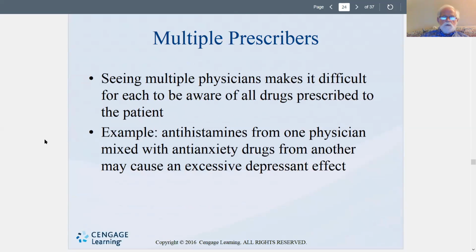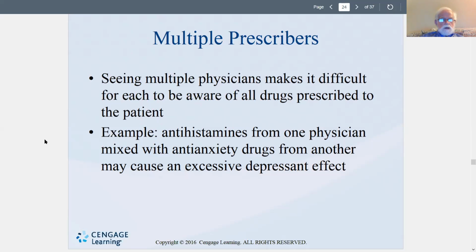One other problem is multiple prescribers. When you go to multiple physicians, it's imperative that you tell any physician you see every drug and supplement you take, so that they will have a better chance of giving you a drug that's safer for you to take.